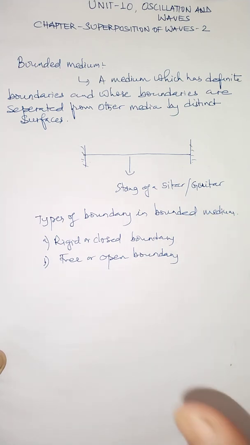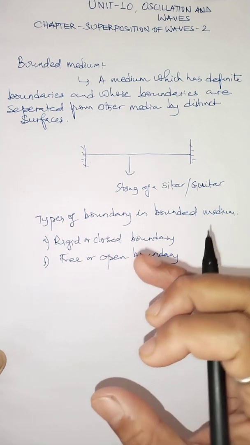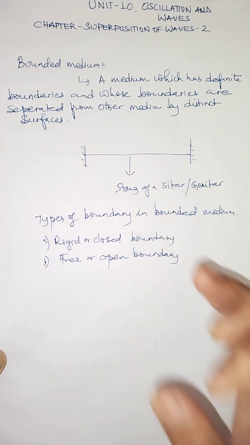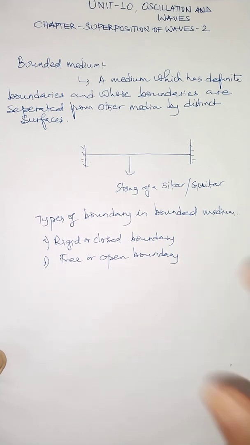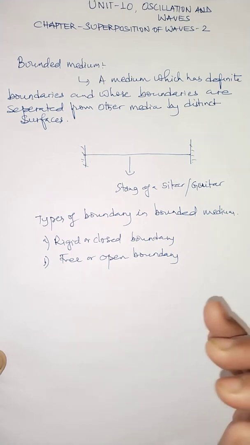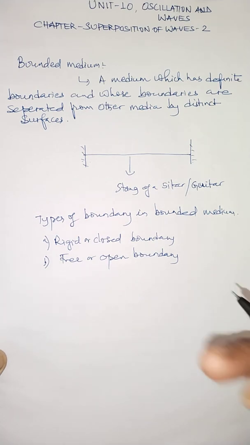But when a wave travels in a medium, like a sound wave, in a medium having no boundary, then the wave continues to travel as such. But if the medium has a boundary, rigid or free, then the wave is reflected from the boundary. So children, remember this: when the wave gets reflected, there is a rigid or free boundary.